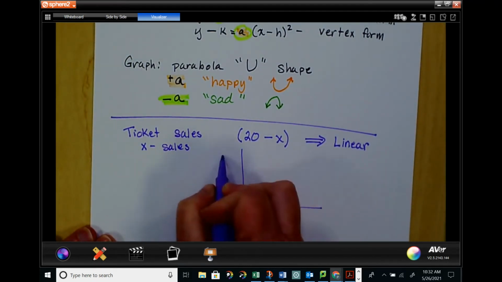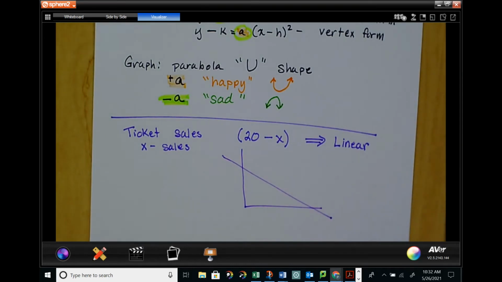So this was my little graph. It went like that.